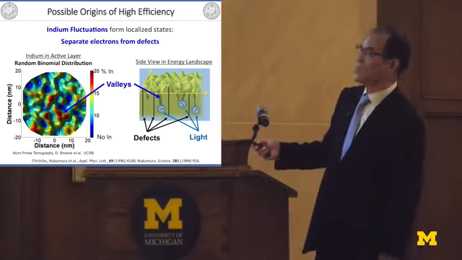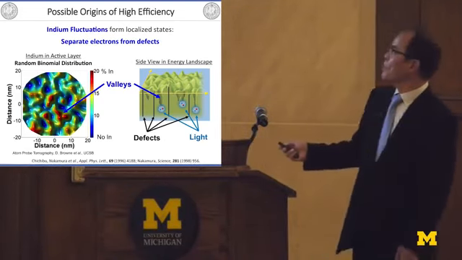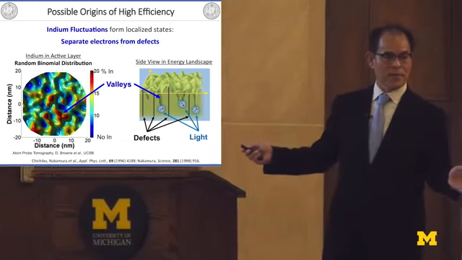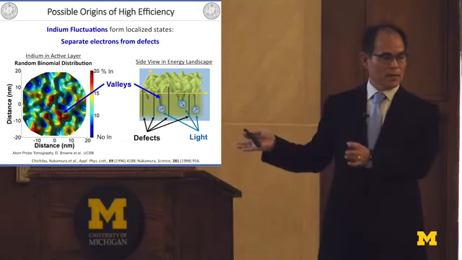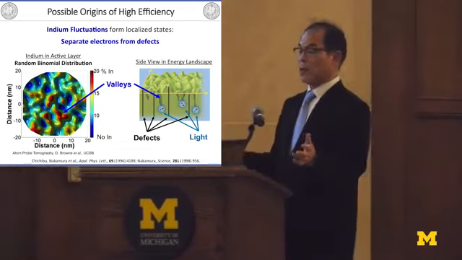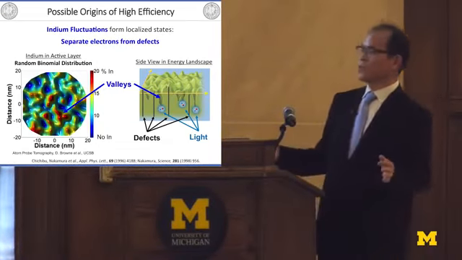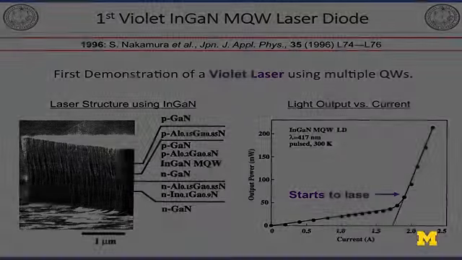Before they are captured by a defect, because the number of localized states is much larger than the number of defects, they easily get captured by the localized states. So that's the idea. The origin of the localized states we don't know exactly. One idea is indium segregation, but we don't know the exact reason.